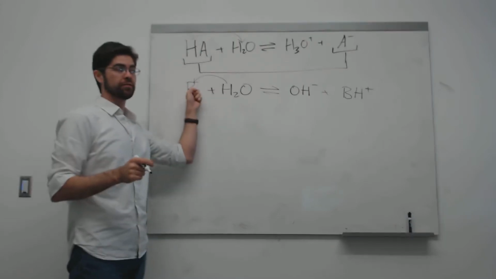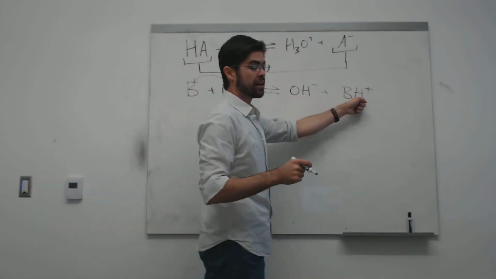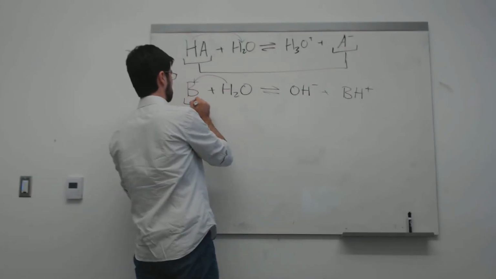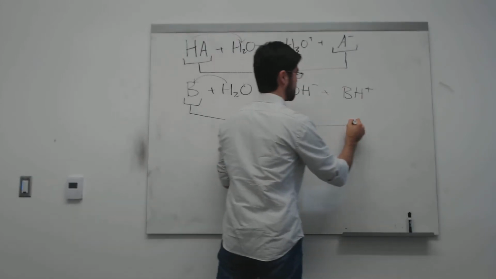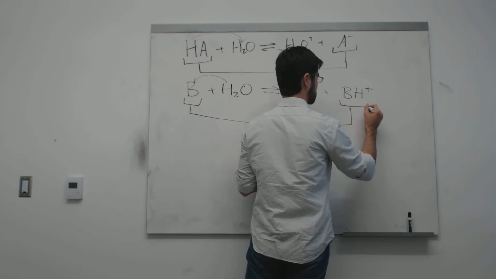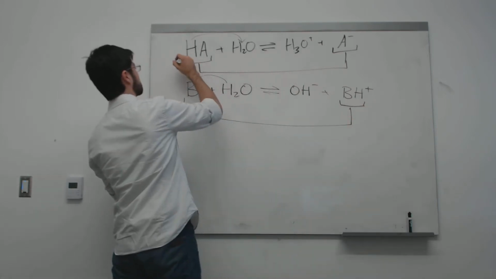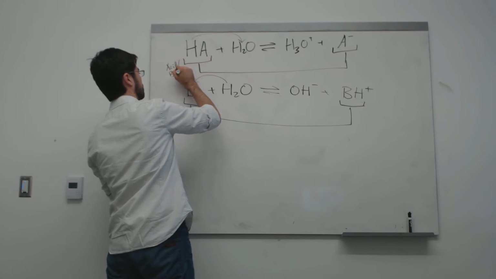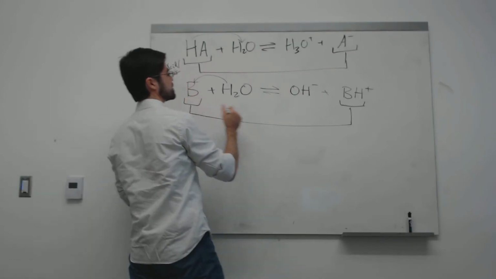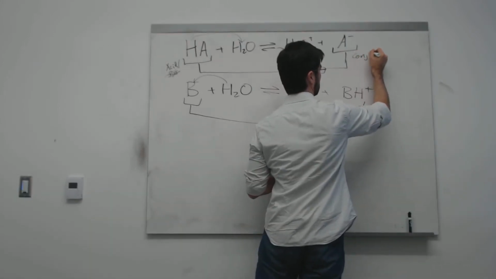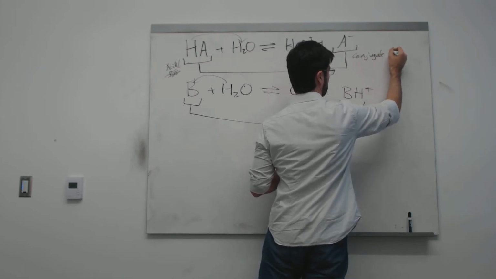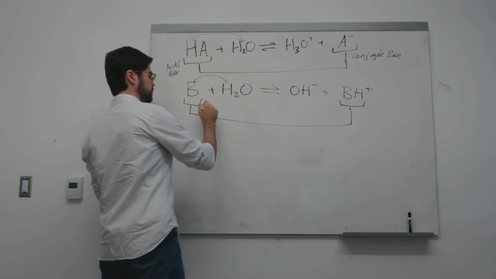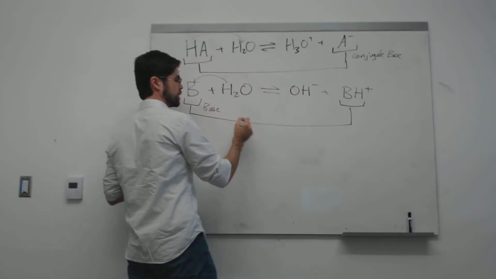It gains a proton from water and becomes NH4 plus, ammonium. So this would be the base, and this would be that base's conjugate acid. So this would be acid, base, conjugate acid.